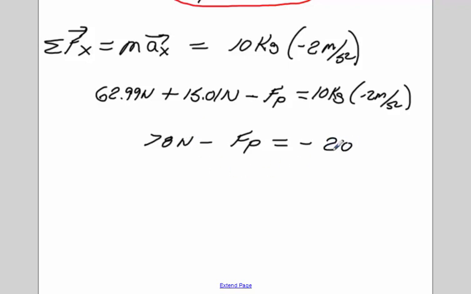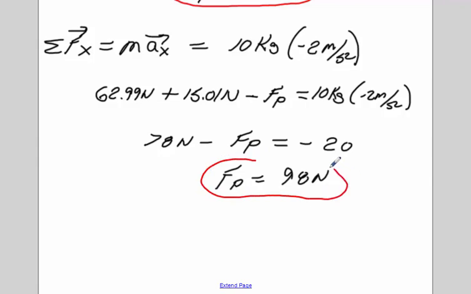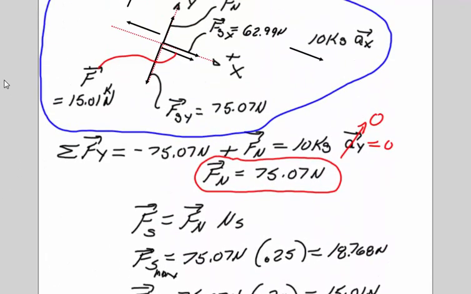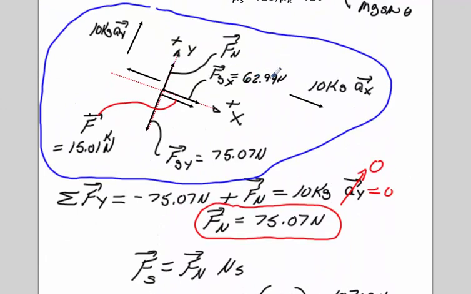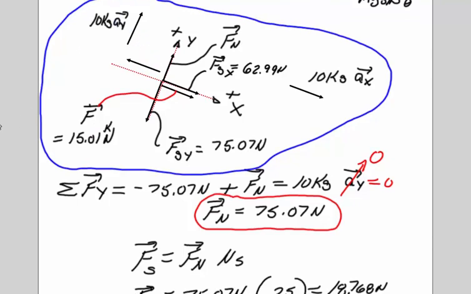I'm going to move that back over to the other side, and F of P would equal 98 newtons. So if I pushed up at 98 newtons, all these other two forces would be pushing down, the 62.99 and the 15.01. That would give me an acceleration of 2 meters per second squared.